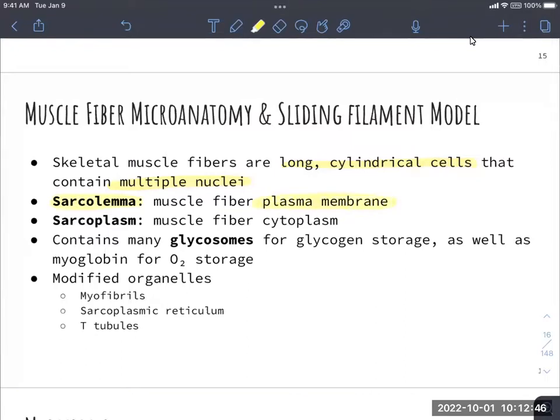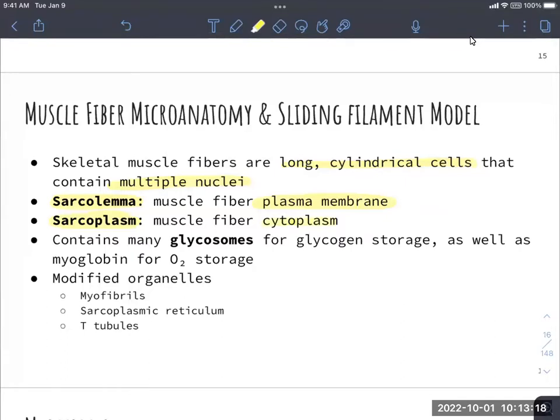Just like a cell has that lipid bilayer, a muscle fiber has what's called a sarcolemma as its plasma membrane. Then they also have a sarcoplasm. Again, sarco for muscle. That is their cytoplasm. Cyto is cell, plasm is the fluid that is found inside.